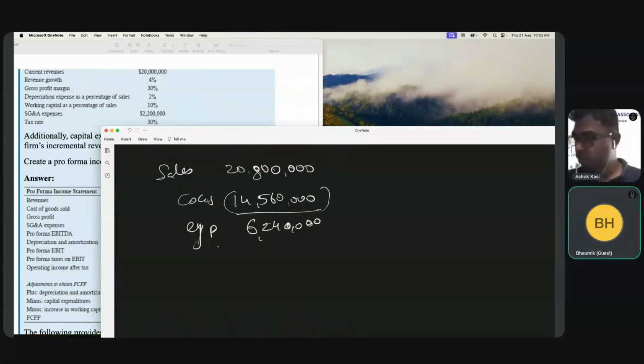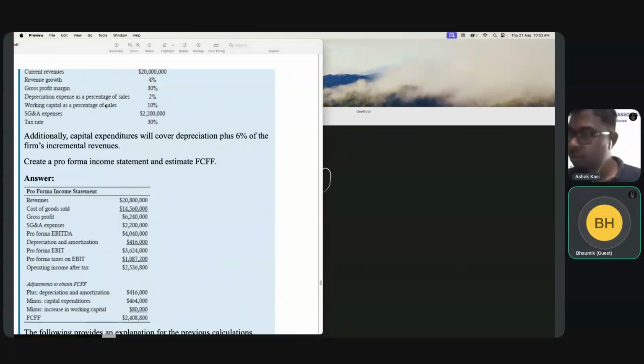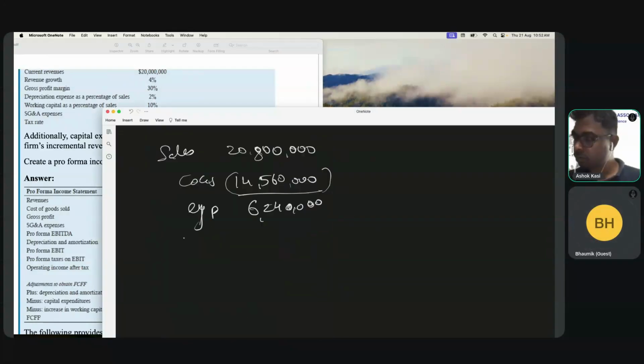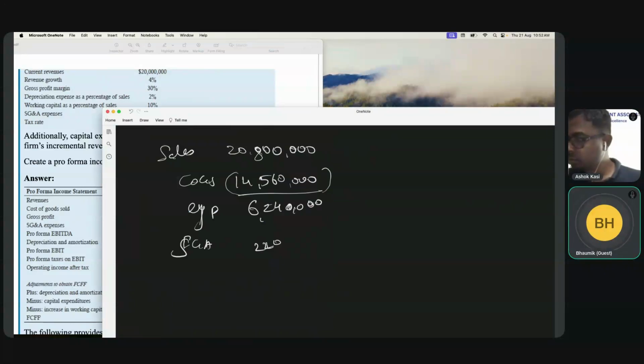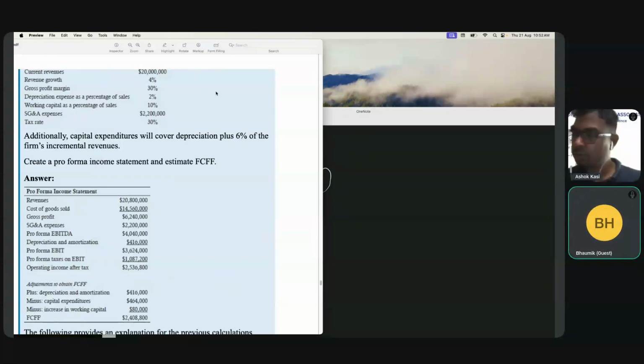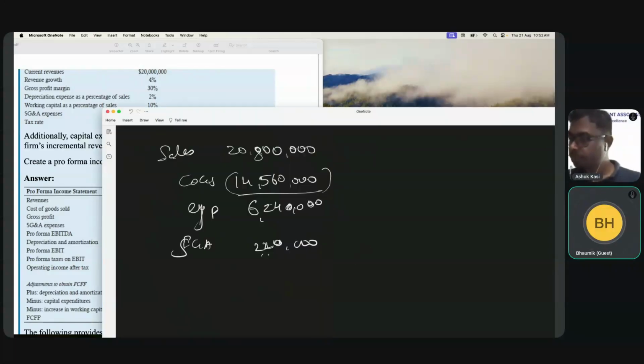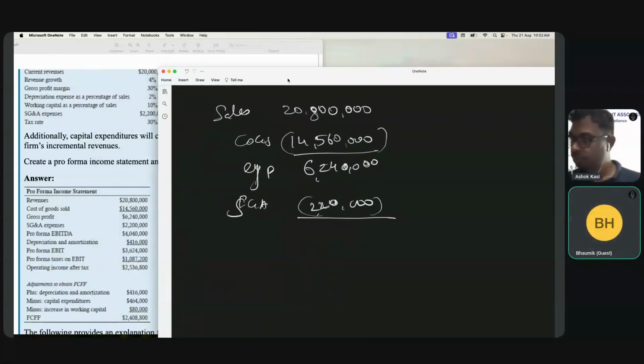The next one is depreciation, SG&A expenses 220,000. So minus SG&A, 220,000. It's 12.36 million.